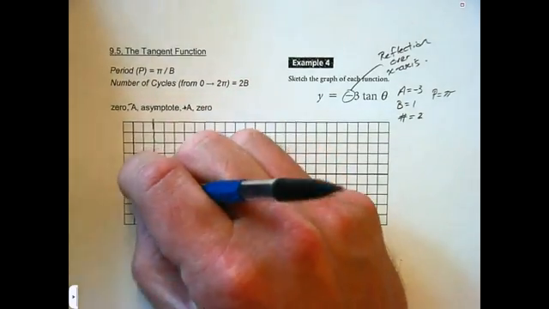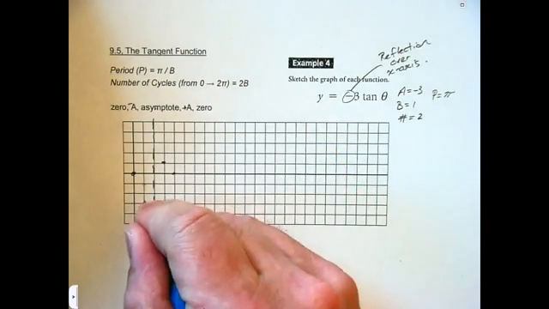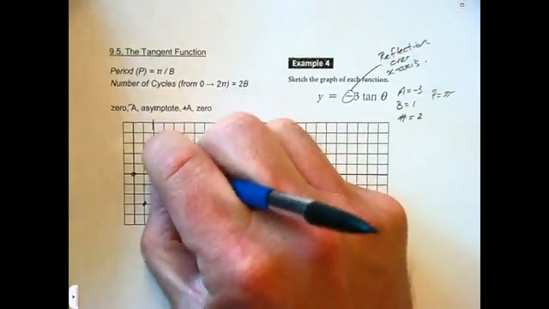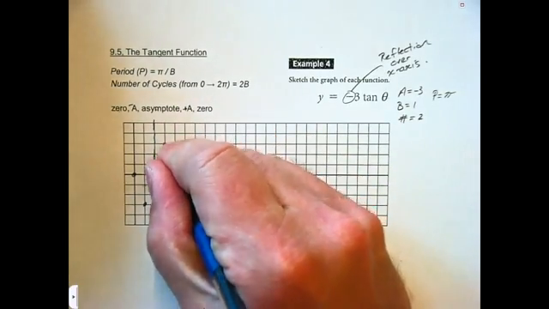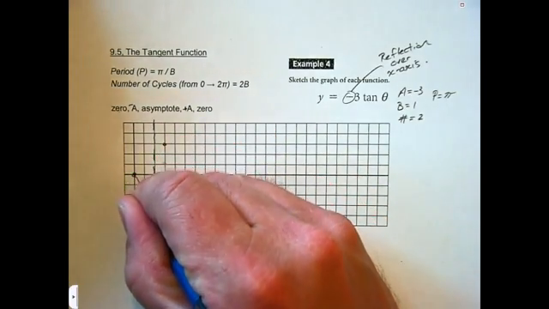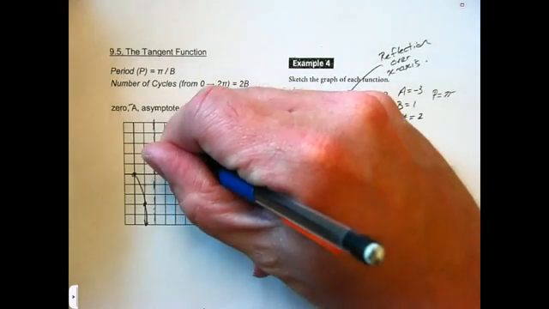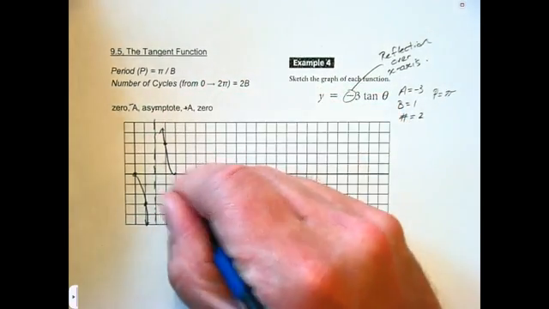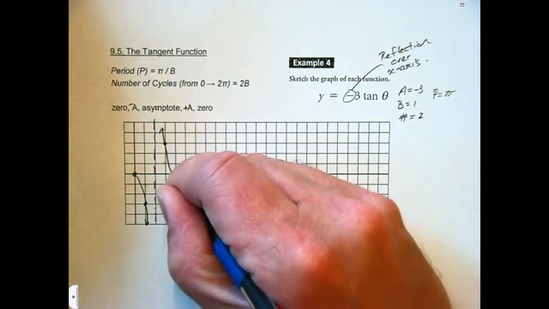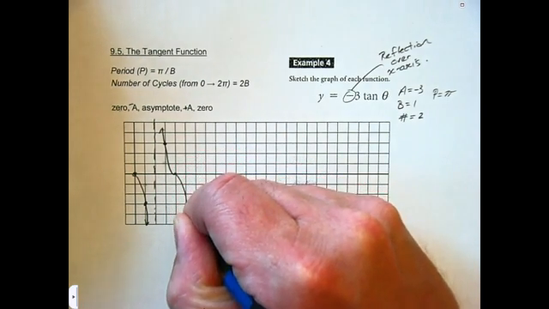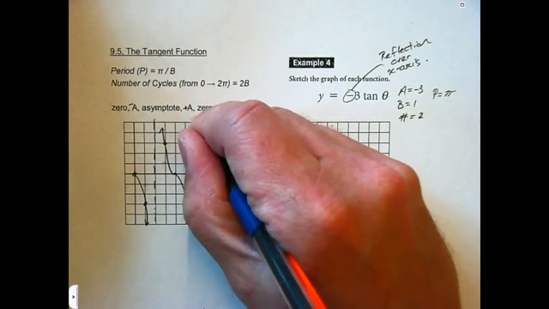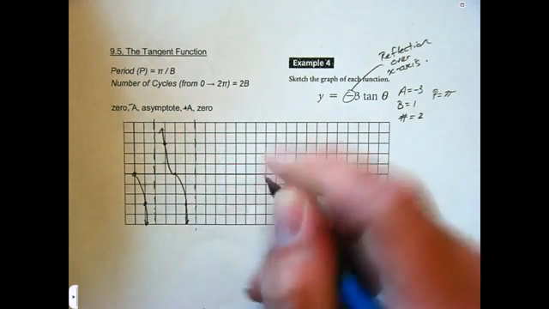But a is 3. Good thinking. So we're stretching it by a horizontal stretch of 3. So rather than being 1 unit away, we're 3 units away. Really, the graph is very similar to the parent function with the exception of the reflection and the stretch.